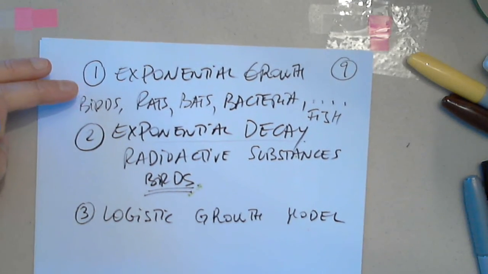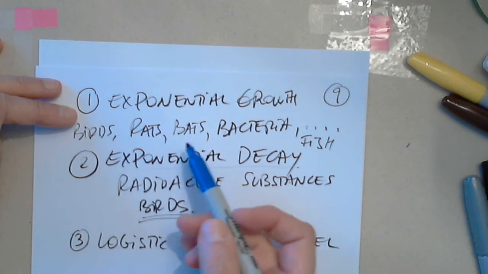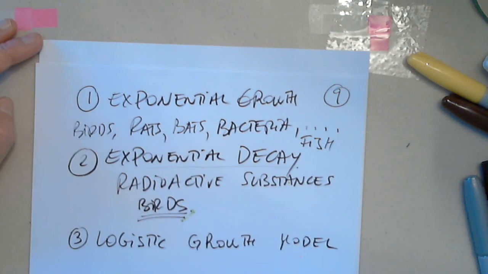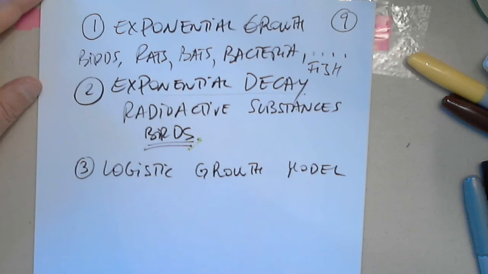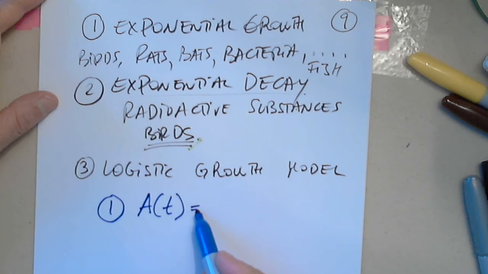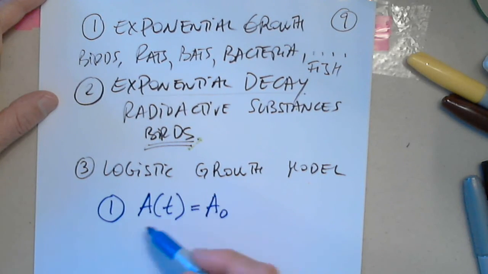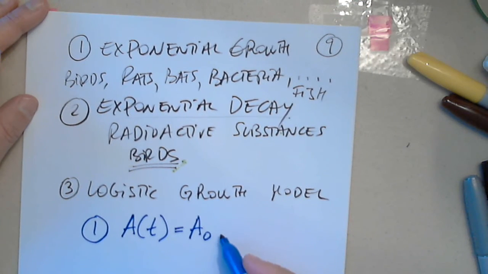The first one is about the number of birds, number of fish. Also, this one can be a function of a number, right? So for number one, for the exponential growth, it's a function of time. I'll identify and label each letter in a moment. A equals A0 e to the kt.